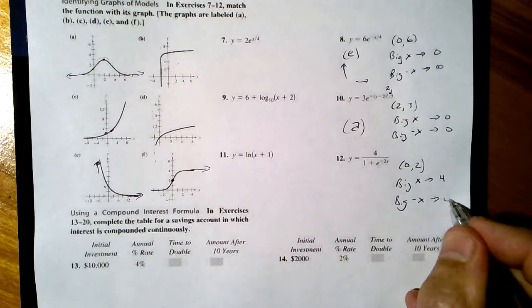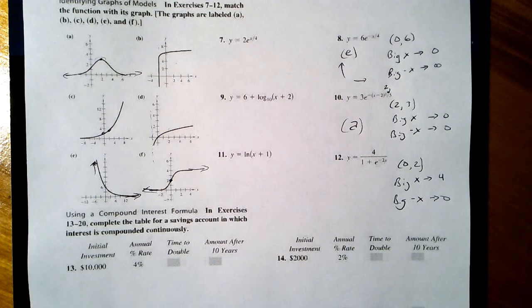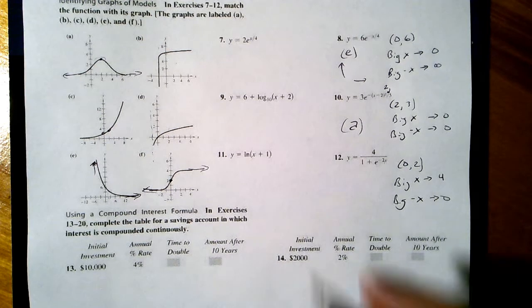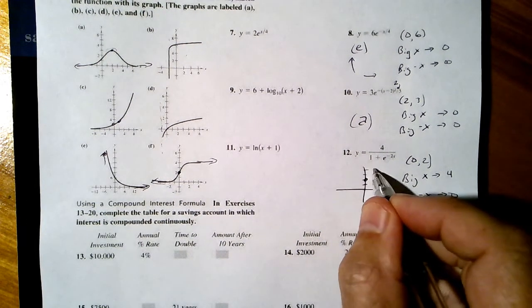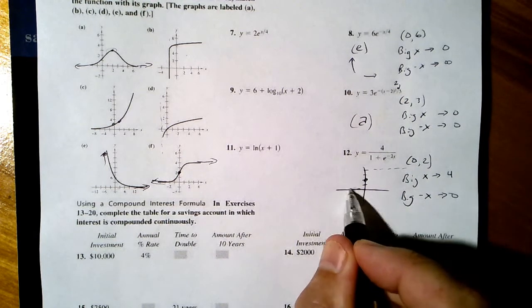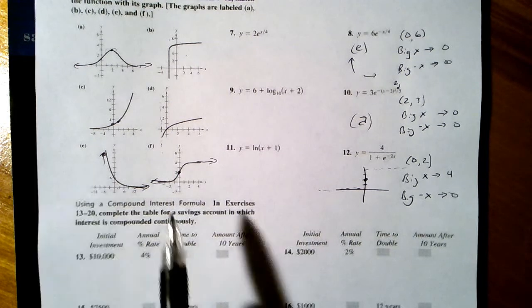It wants to be 0 as we go to the left. So there we have it. So all of that information, if I was graphing it, gave me a point right here, told me eventually I want to get to 4, eventually to the left I want to get to 0. Well, sure enough, there's my population curve.